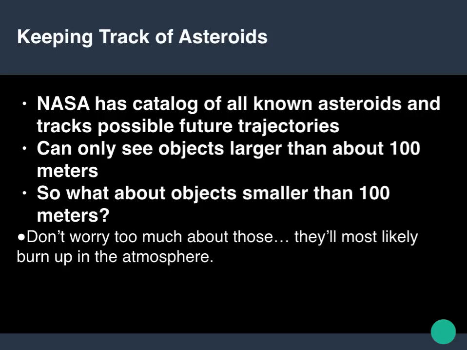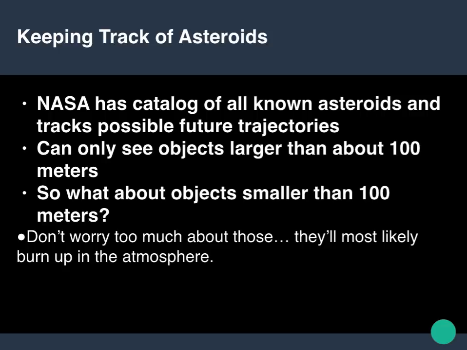But you also have to know where to look when finding these. So you kind of have to know exactly where it is before you actually find it. So that's fun. But we don't really need to worry about the objects smaller than 100 meters, because a lot of those will burn up in the atmosphere.